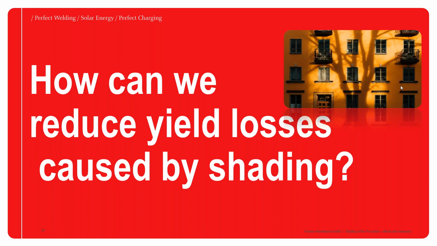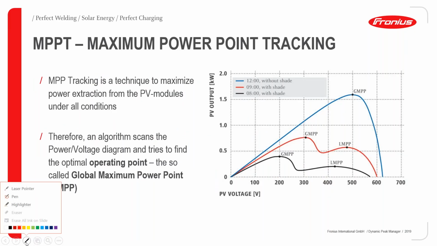The fact about shading is that you can have a very good design and not expect shading, but some of the shading is totally unavoidable, and therefore we need to look at how, even with this unexpected shading, to maximize yield from your solar installations. I'm hoping in the next couple of minutes I can take you through how this is mitigated.